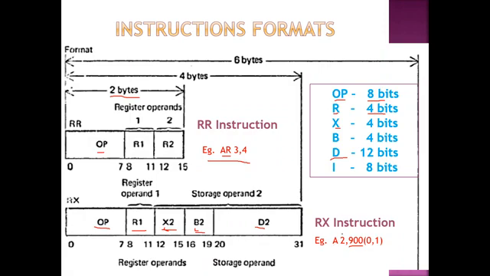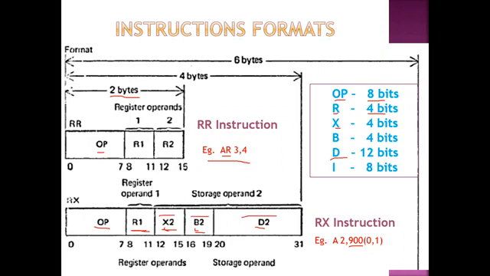Right. The next information you should have is one register. What is that register? That is register 2. So R1 here is nothing but register 2. After that, I'm going to have one displacement, one index register and one base register. But the format here is in a little different order. It's okay. This is going to be your index register, this is going to be your base register and this is going to be your displacement.